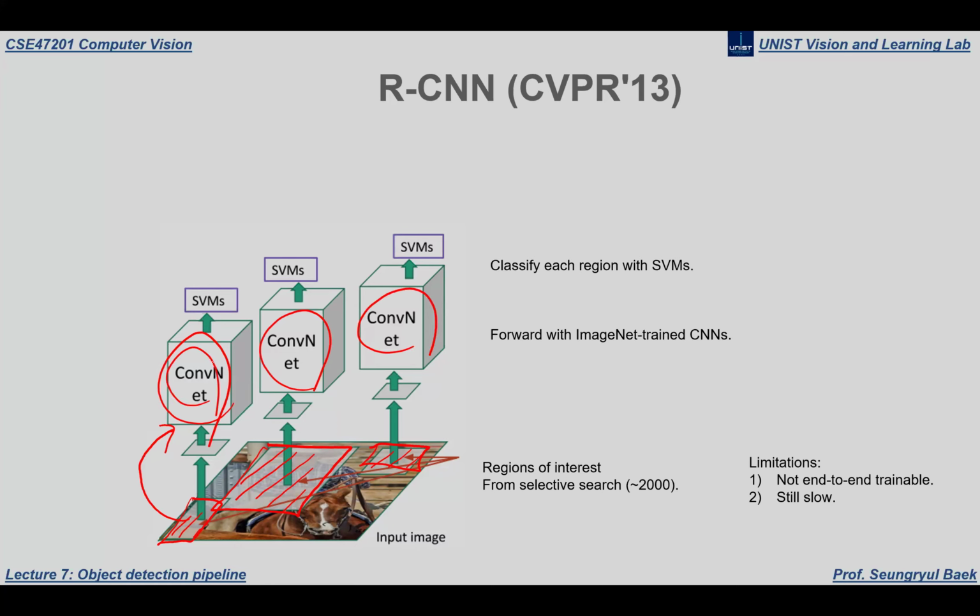Actually, this ConvNet is the same word as CNN. So we feed these cropped images into the CNN architecture, and then in the last layers we obtain the extracted features, and then we train another SVM classifier that can discriminate these features into semantic classes.